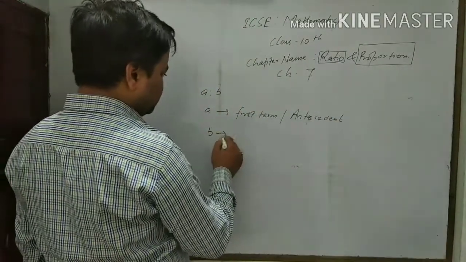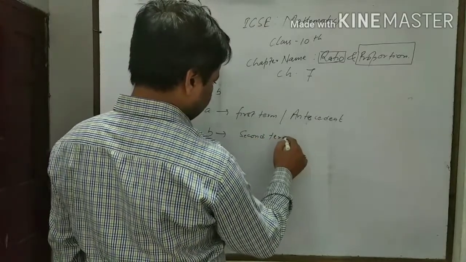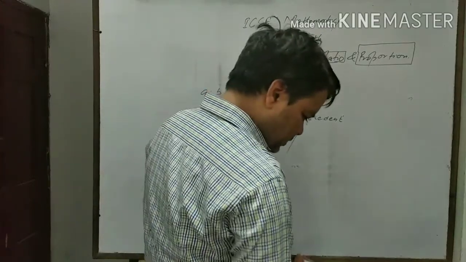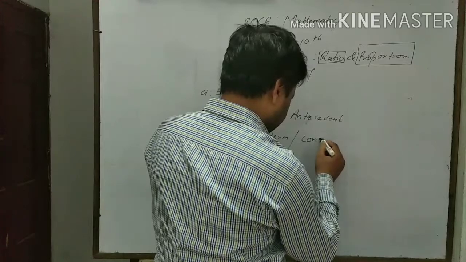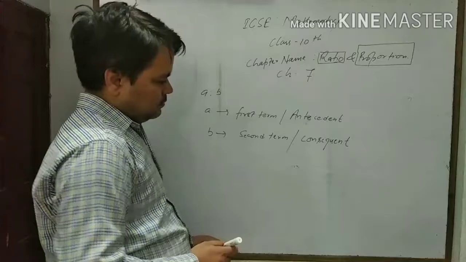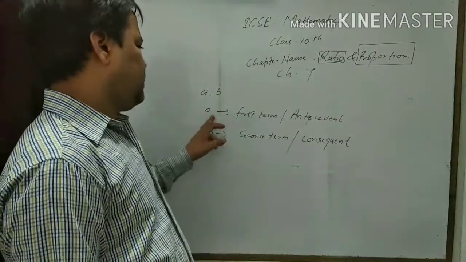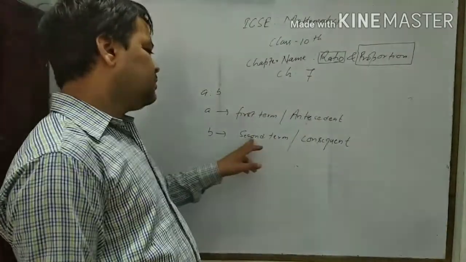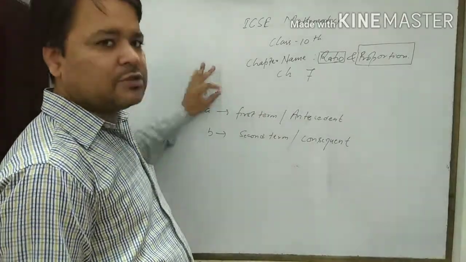And b is the second term, and it is also known as the consequent. A is the first term, antecedent. B is the second term, consequent. First antecedent and second consequent.